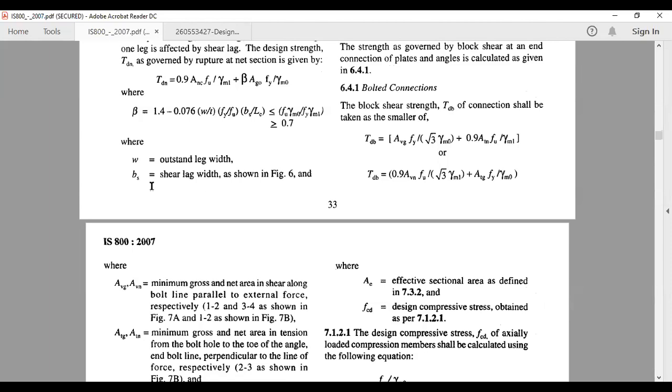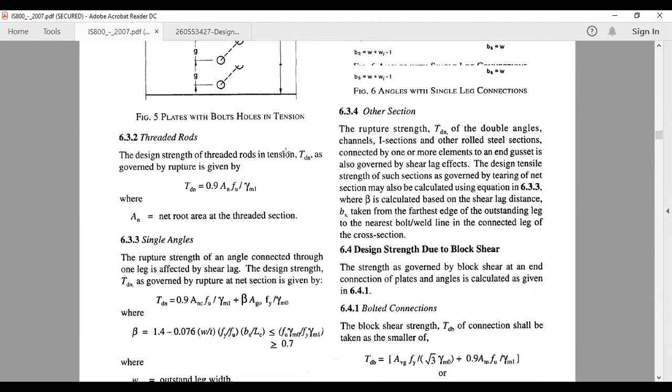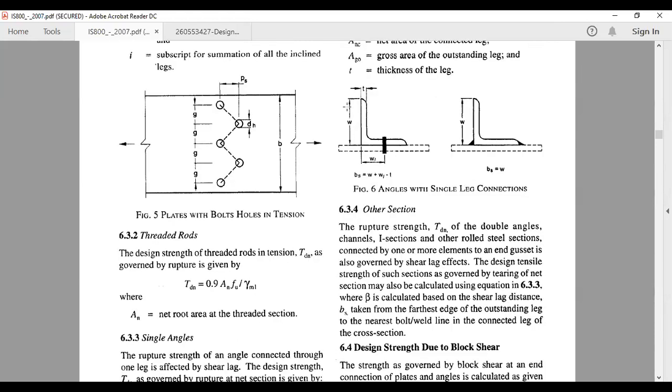Bs, the shear lag width. So how do you calculate that? Bs is this W, width of this unconnected leg, plus the distance up to the center of the bolt hole line, minus the thickness of the angle. Okay, so this is shear lag width, Bs. That is the shear lag width.